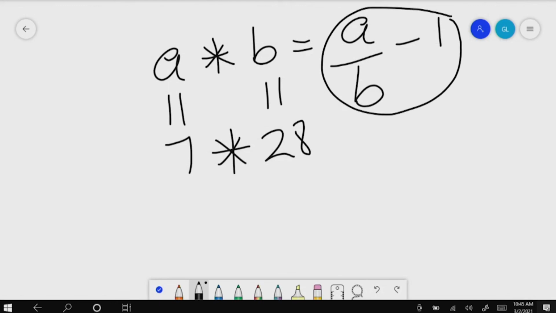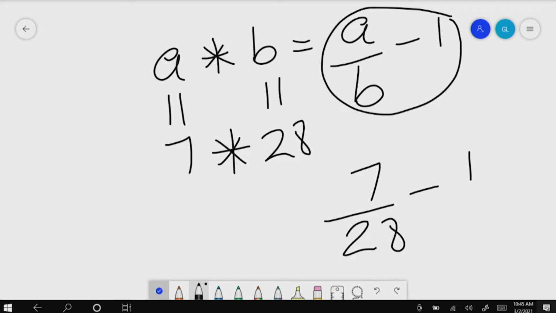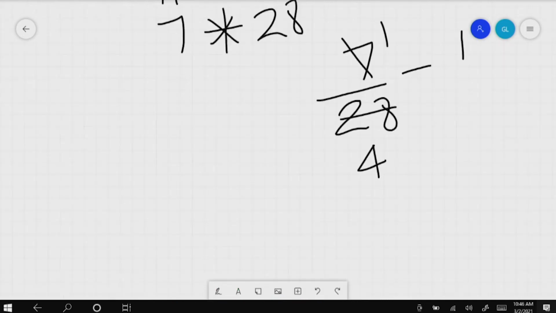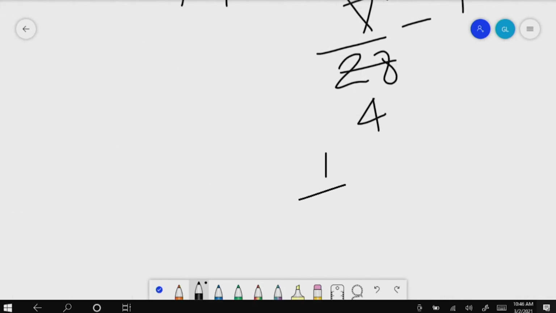Hence, if A is 7, this would have been 7 upon 28 minus 1. In simplifying, 7 ones, 7 fours. In further simplifying, 1 upon 4 minus 1 upon 1.